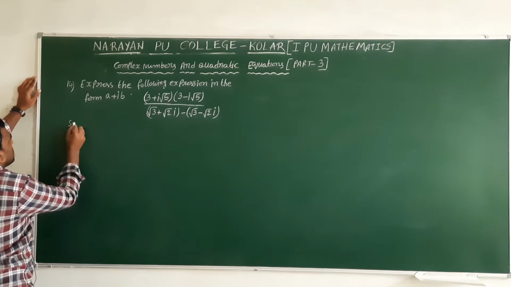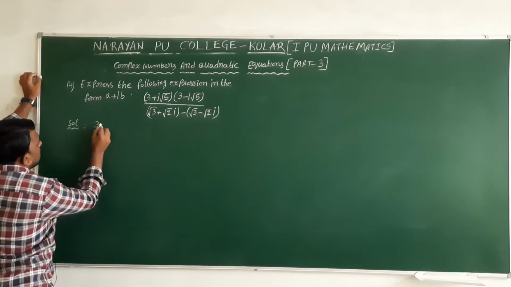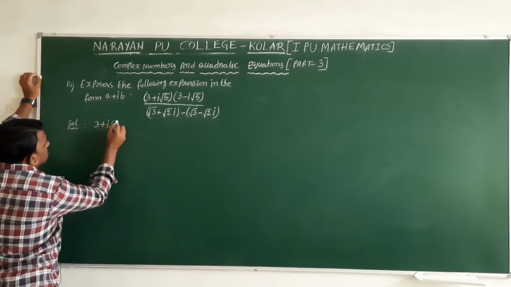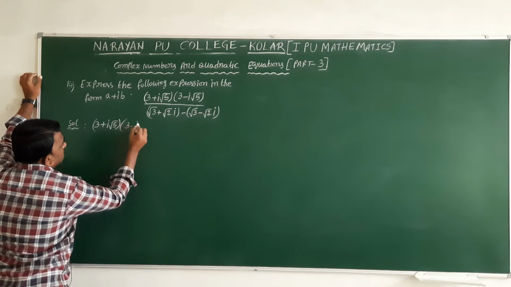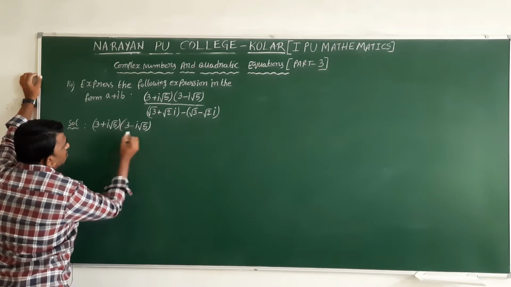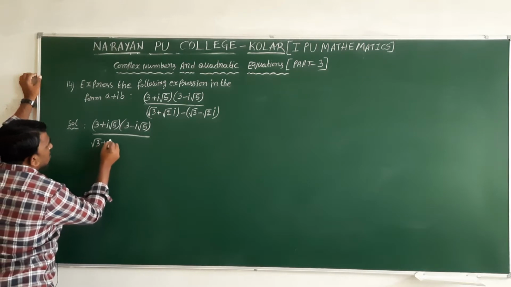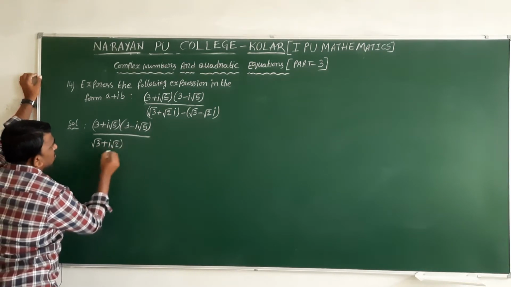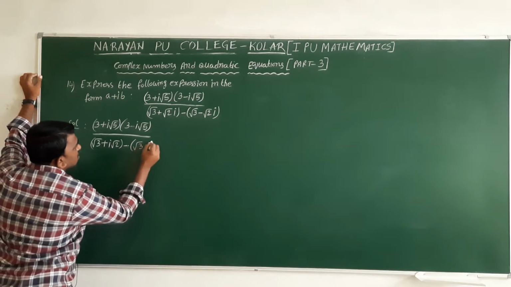So solution. The given expression is 3 plus i root 5 into 3 minus i root 5 divided by root 3 plus i root 2 minus root 3 minus i root 2.